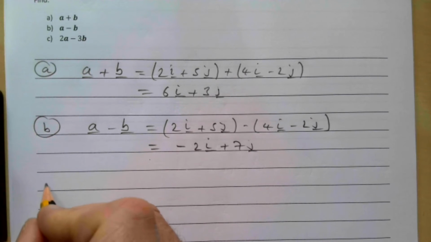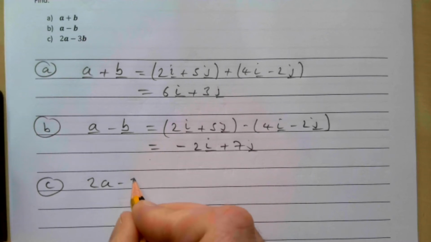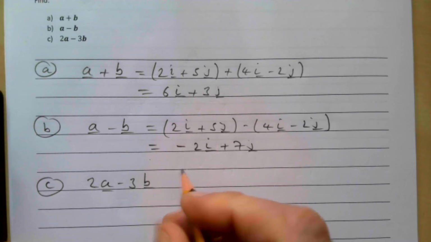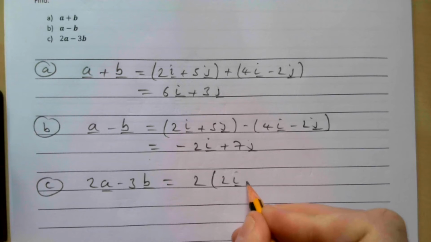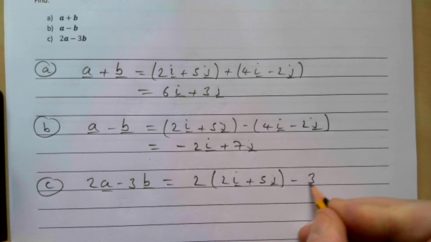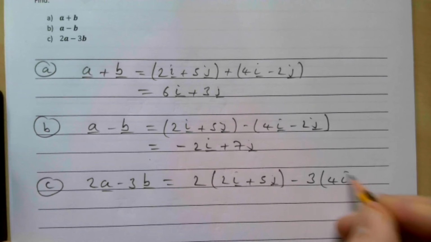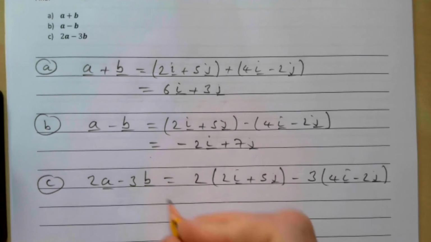Part C then is 2a minus 3b. So that's going to be 2 upon 2i plus 5j, take away 3 upon 4i minus 2j.